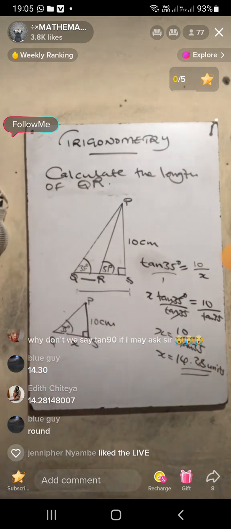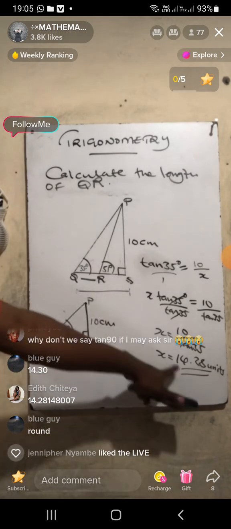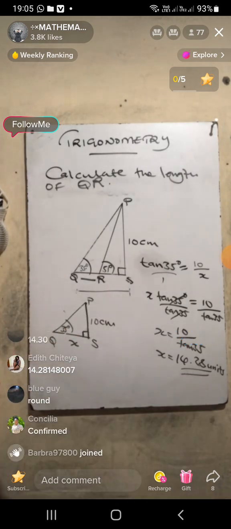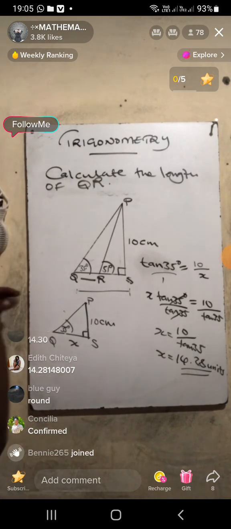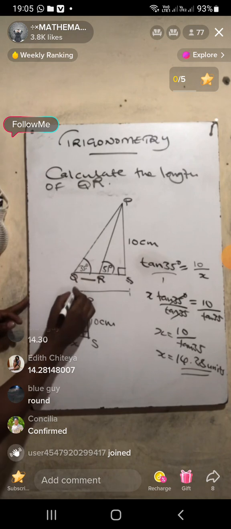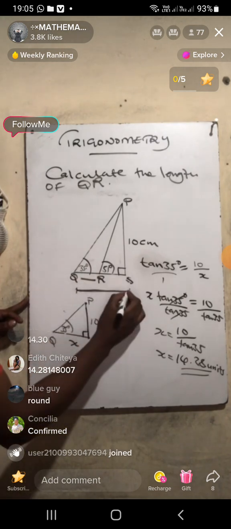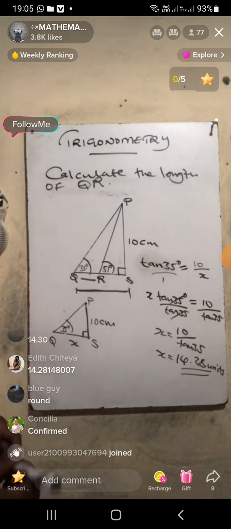So the length of QS has been found, which is 14.28. Now, my good friends, look at this. We now know the length from this to that, the same as the distance.